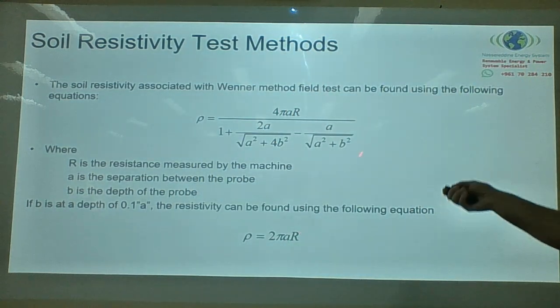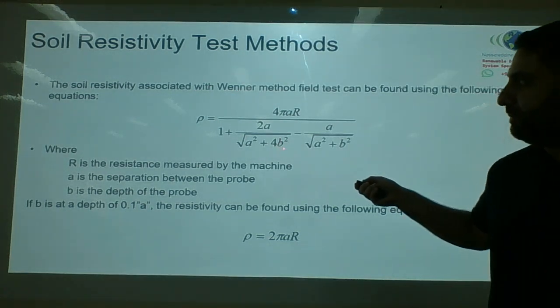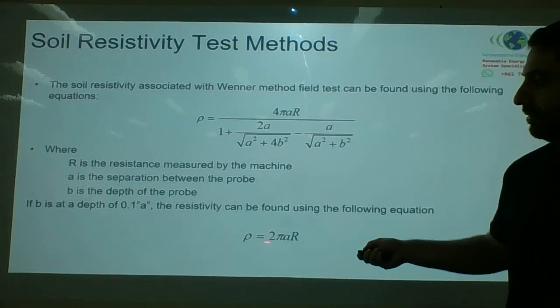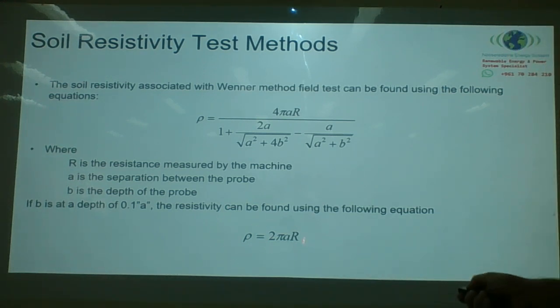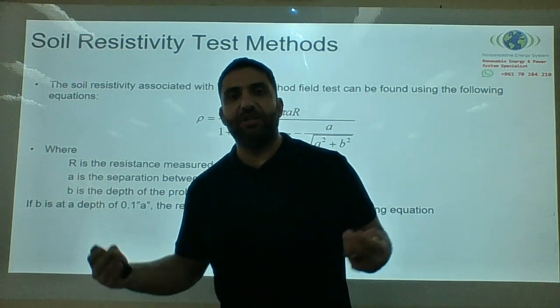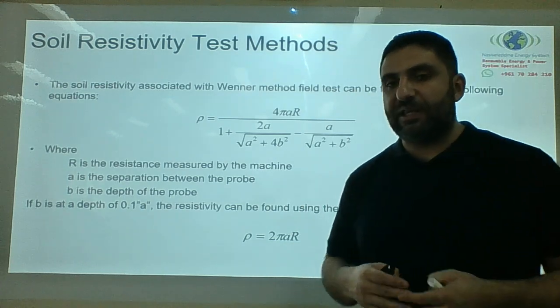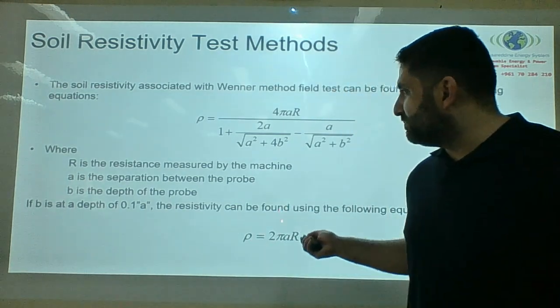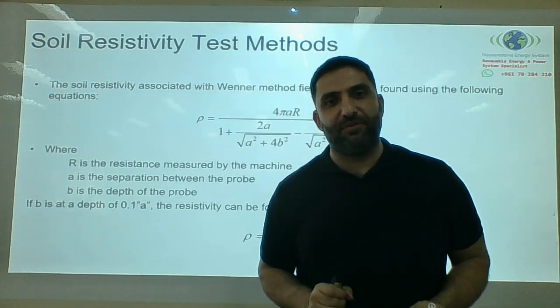Then you can program the machine to use this equation. It gives very accurate readings for large systems. Also for a small system, you will always have at least a few meters for A, and B will never go down below maybe 5 centimeters, maybe 10 centimeters if you want.